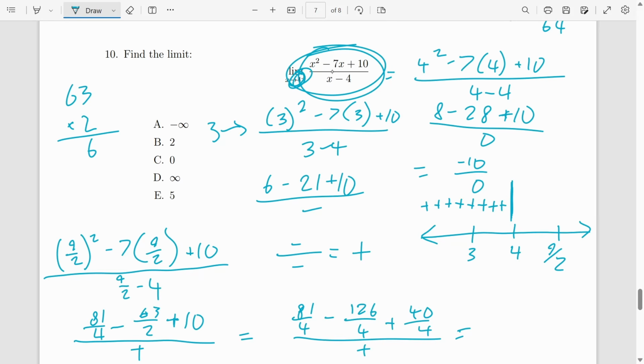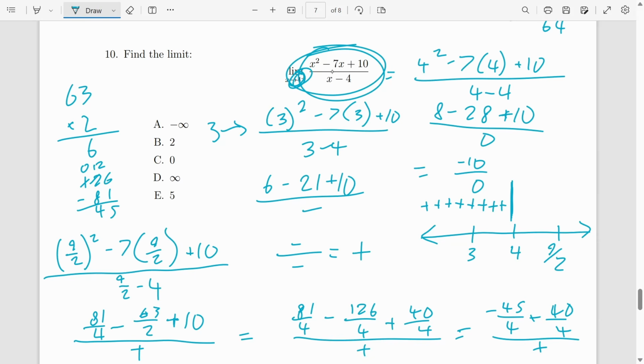This is equal to 81 minus 126. I'm actually going to do 126 minus 81. That's 45. So negative 45 fourths plus 40 fourths all over a positive value.